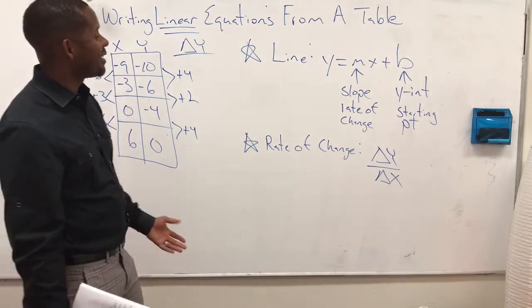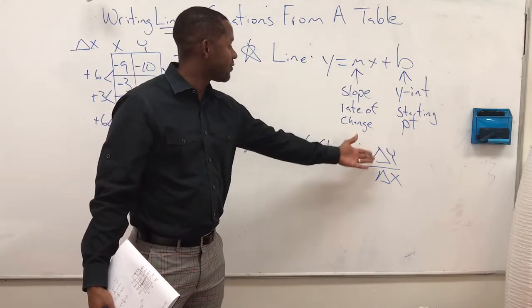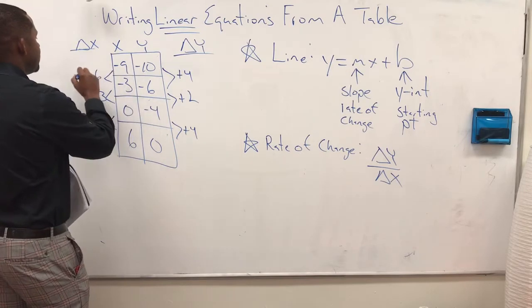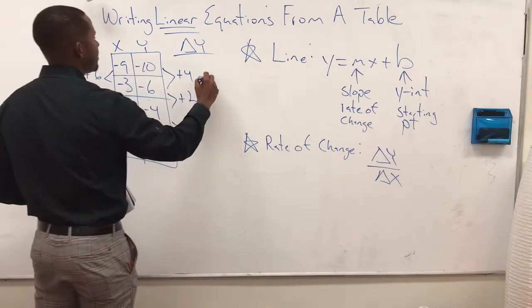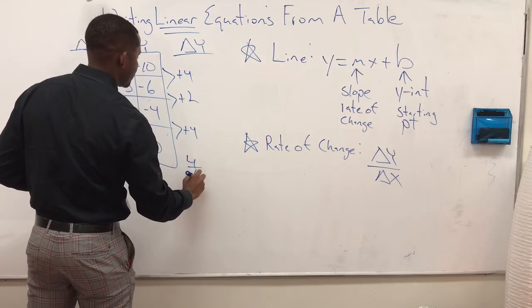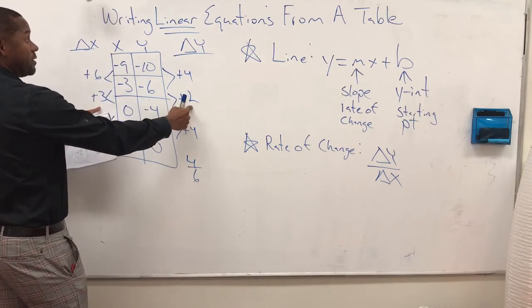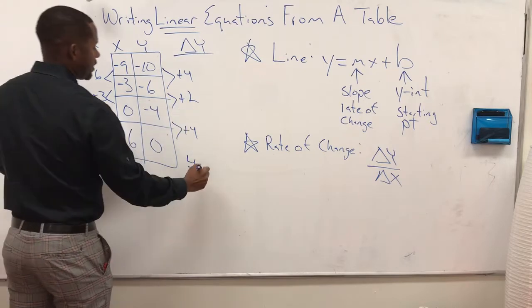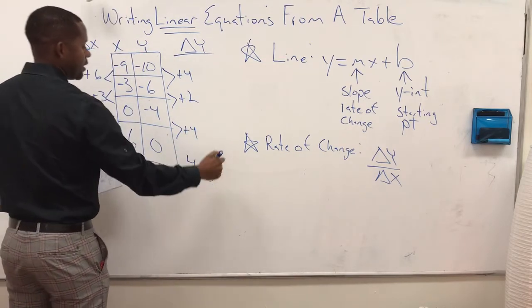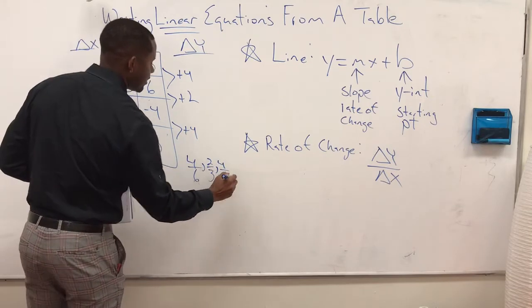But I'm noticing that rate of change is a ratio, a fraction, y compared to x. If I do change in y compared to change in x, this becomes 4 over 6. This one becomes 2 over 3. And this one also becomes 4 over 6.